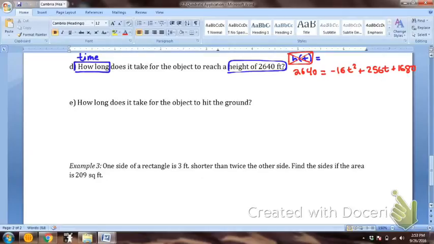Before we factor, we have to make sure everything's equal to 0. Okay. So, Chris, what are we going to do to make sure that this is equal to 0? Subtract 2,640. Okay, we're going to subtract 2,640 from each side.